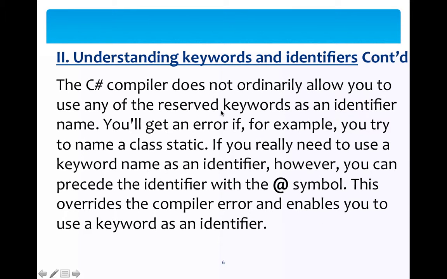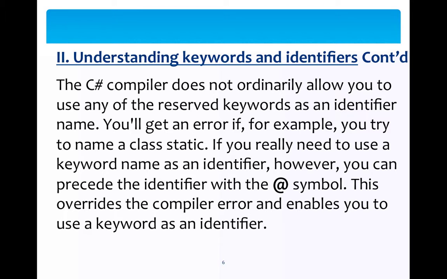The C# compiler does not ordinarily allow you to use any reserved keyword as an identifier name. You will get an error if, for example, you try to name a class static.